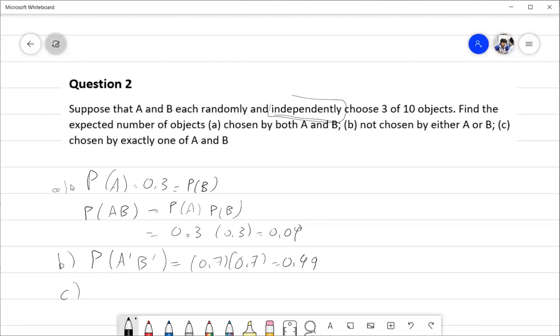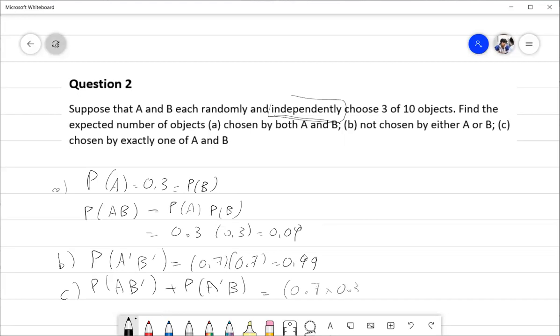Now, part C says find the expected number of objects chosen by exactly one of A and B. Exactly one of A and B can either imply P of A and B complement, or it could imply P of A complement and B. Because the probabilities are the same, I can denote this in the general form as 0.7 times 0.3.